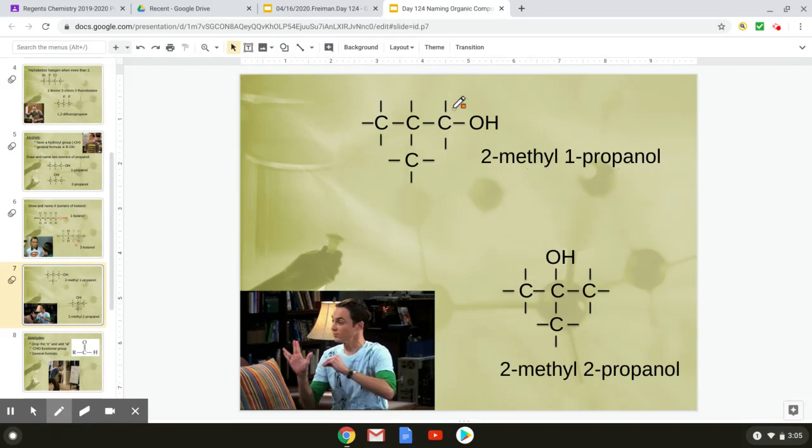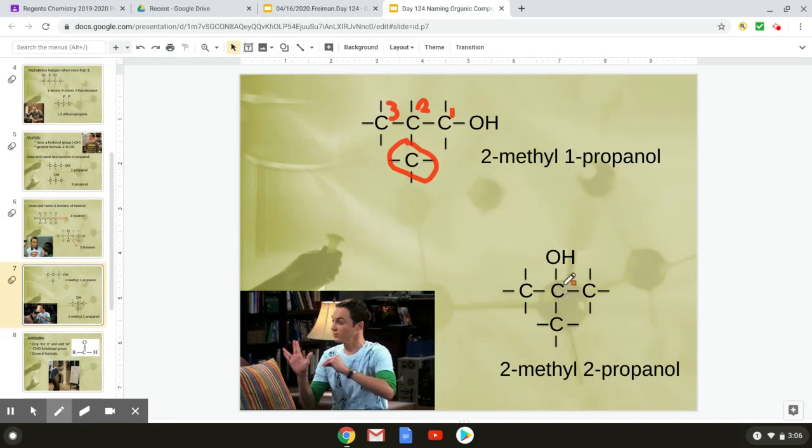So 1-propanol, meaning on the first carbon, there's an alcohol. The 2-methyl means on the second carbon of this 3-carbon chain, there is this methyl group. Remember, methyl is CH3. So we have a methyl group on the propane group with the alcohol group on the first carbon. So it's 2-methyl-1-propanol.